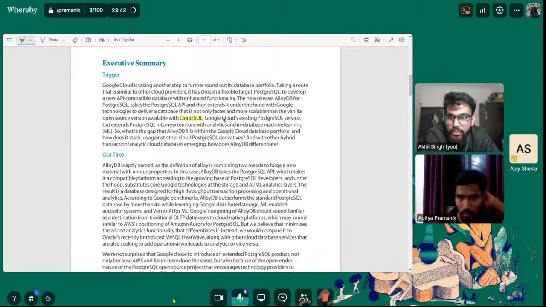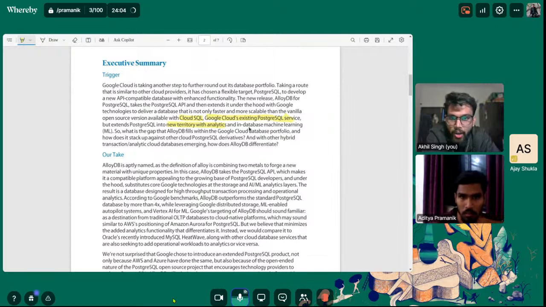So the first point is about the trigger. What triggers Google to make this? Google Cloud is taking another step to further round out its database portfolio, taking a route similar to other cloud providers. It has chosen a flexible target, PostgreSQL, to develop a new API-compatible database with enhanced functionality.